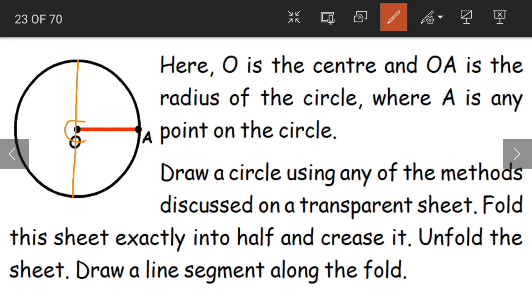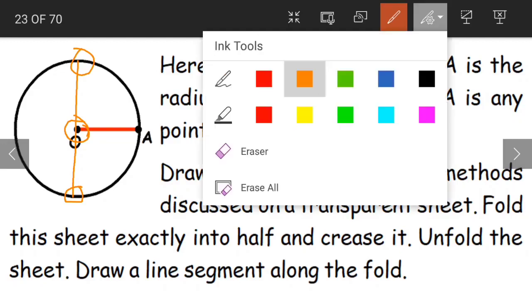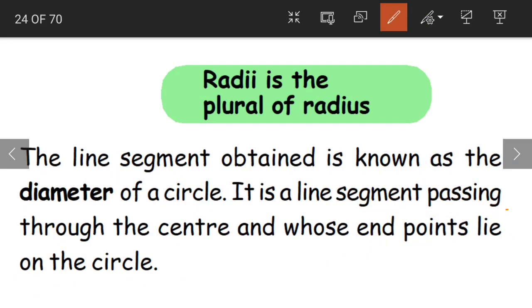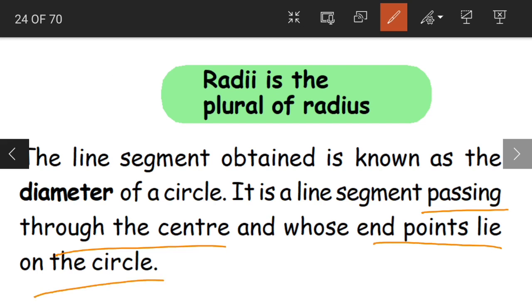It is passing through the center of our circle, that is O, and both the endpoints are lying on the circle.